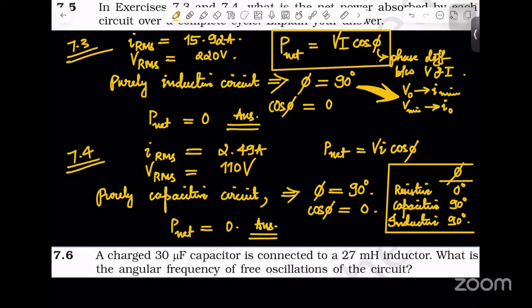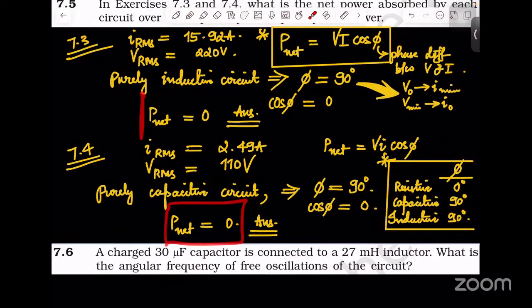So here you need to remember these relations. It follows that for a purely capacitive and purely inductive circuit, the net power consumed over the entire cycle will be 0.